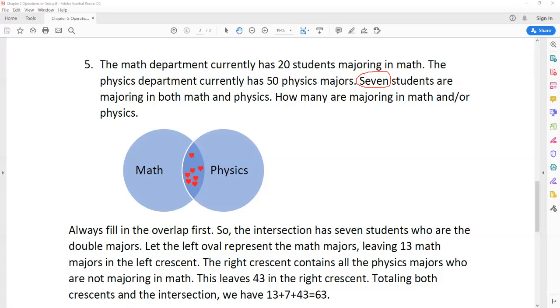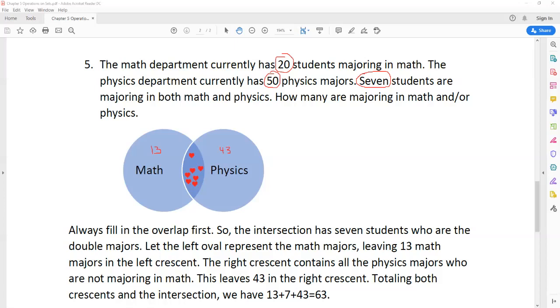If we go back to the problem, we have 20 students majoring in math, and 7 of those are already represented by the heart symbols. 20 minus 7 means that there are 13 in the left crescent, pure math majors. And then we have the 50 physics majors. If you take 7 from the 50, that will leave you 43 students who are majoring in physics, but not in math.